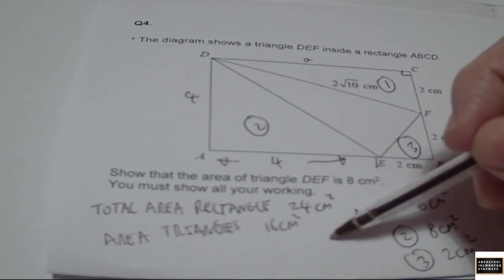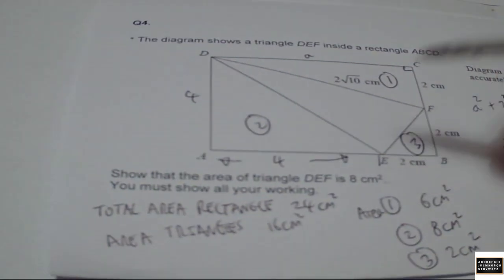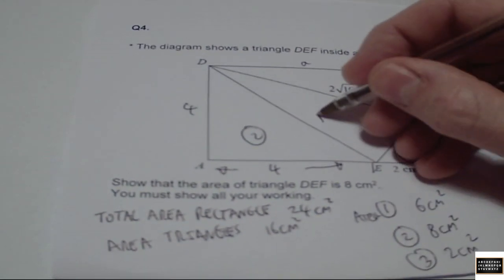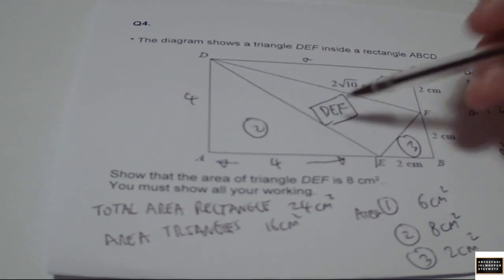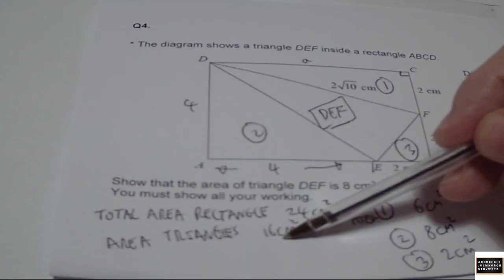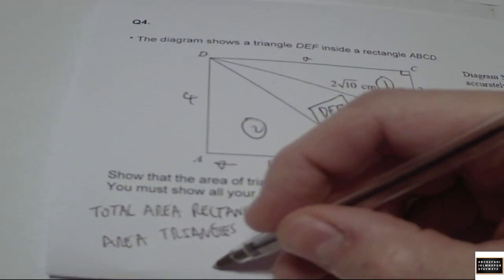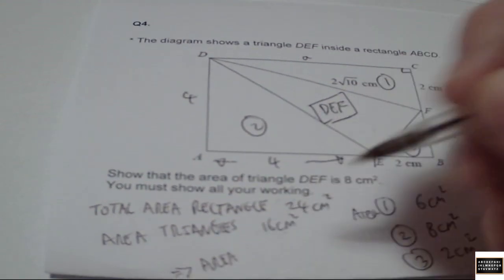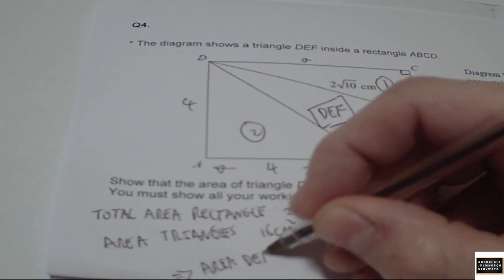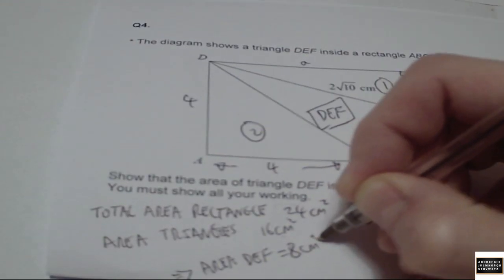Okay, so the area of the triangles is 16. And that must mean that the area of this triangle left, this DEF in here, has got to be 24, take away the 16, that has to be 8. So the area DEF is 8, and that's what they were asking you to show.